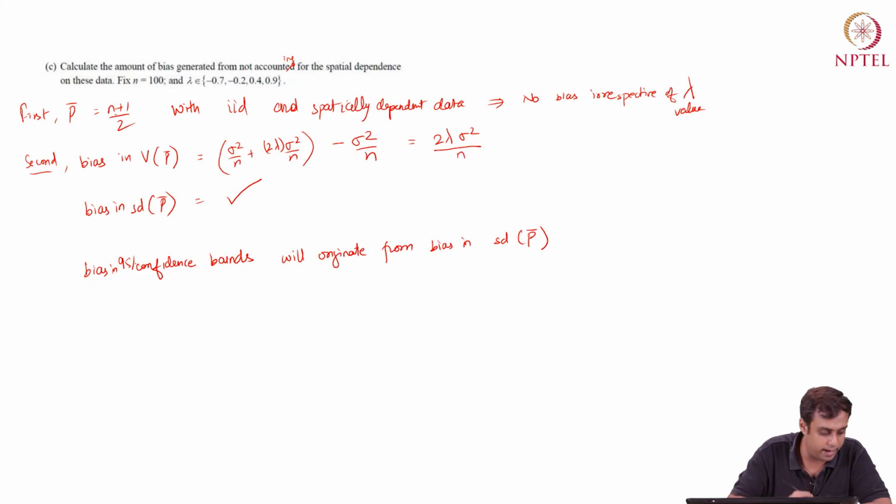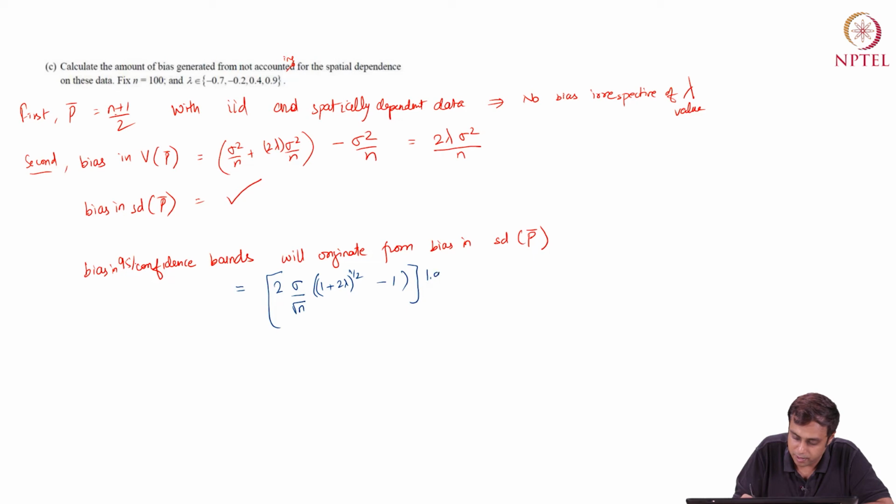I'm going to write this value and let you verify it. When you eventually verify it, this bias will come out to be 2 sigma over root n times ((1 plus 2 lambda) to the power half minus 1), multiplied by 1.96.